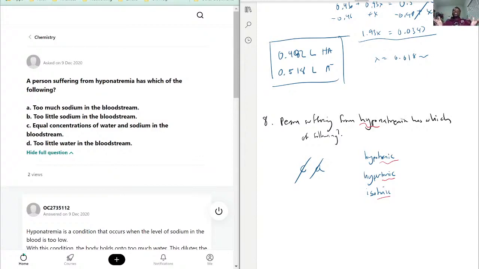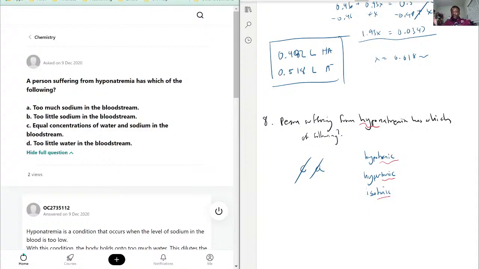Because water is typically treated as a solvent, I would stray away from D because it's referring to too little water in the bloodstream. And because it's a solvent, typically you won't see hypo, hyper, and all these different types of words refer to the solvent. So the only option here will be too little sodium.